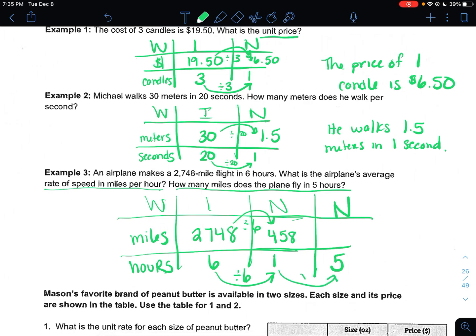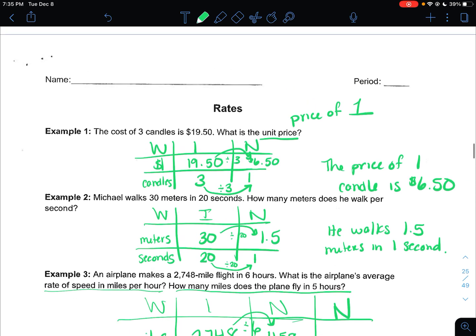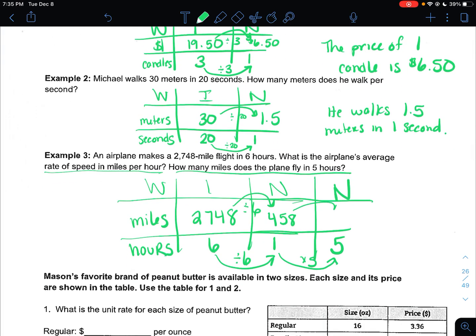So I want to take my 1 and multiply it by 5 to get 5 hours. So do the same thing to 458. So 458 times 5 is 2,290. Okay, so we have to pull all of our information out and write a sentence.